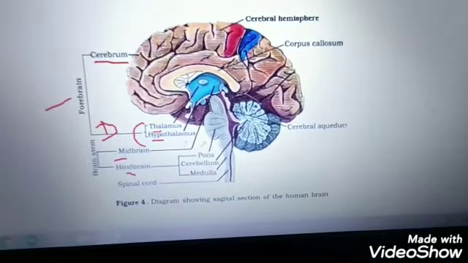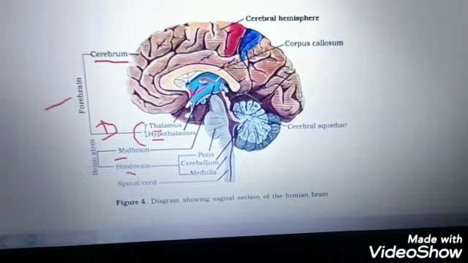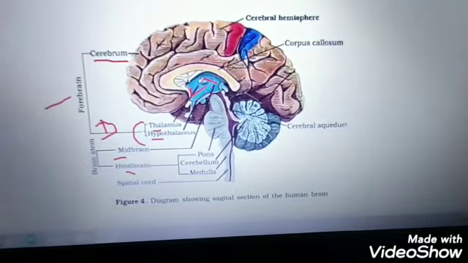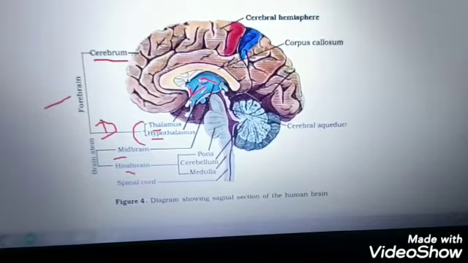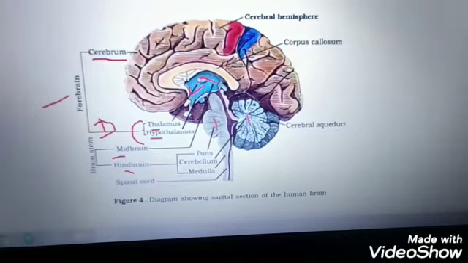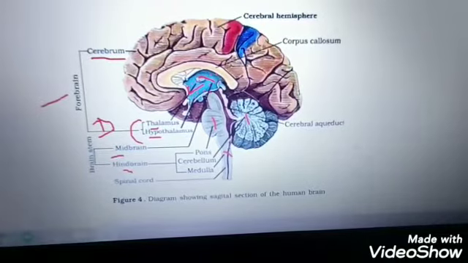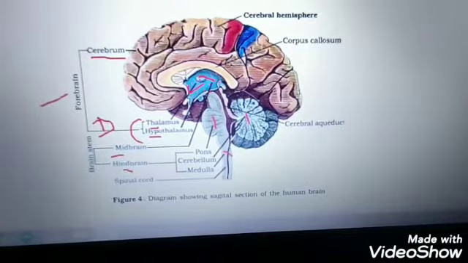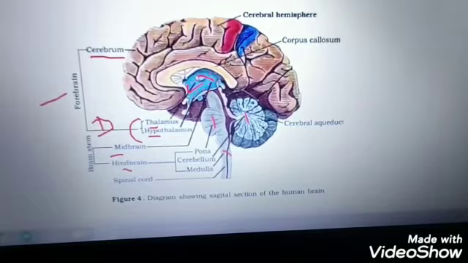The midbrain consists of a group of nuclei and has many nerve cells present here. The hindbrain consists of pons, cerebellum, and the medulla. Now let's discuss each of them further.